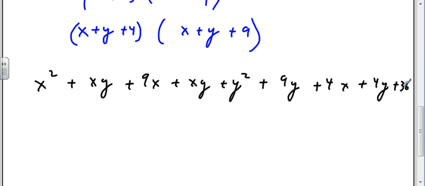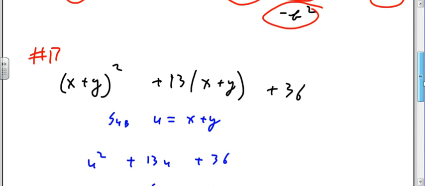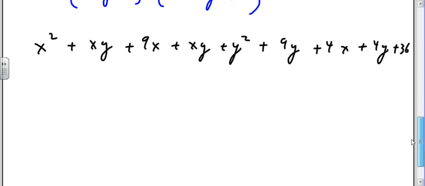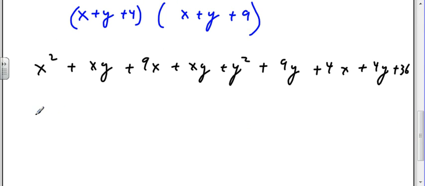Well, isn't that special? And that's supposed to be the same as this. So I've got x squared plus 2xy plus y squared.